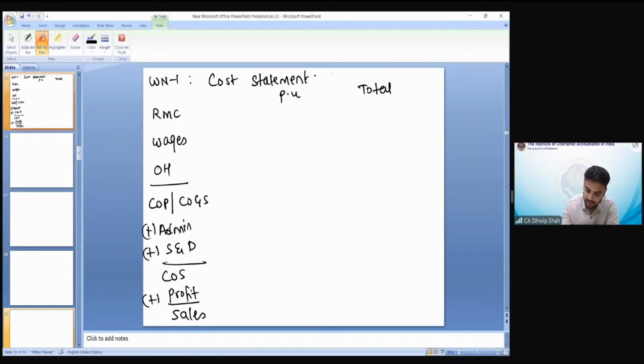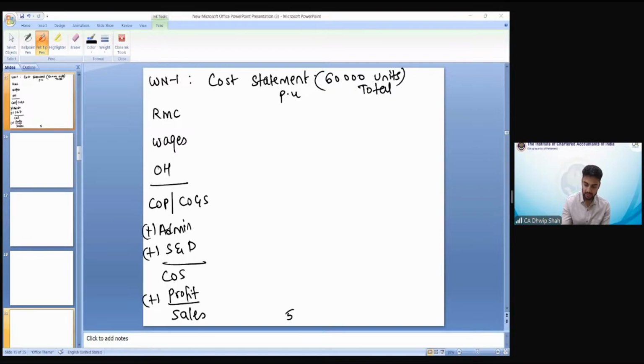Total units are 60,000 units. So sales per unit is 5. And the ratio of raw material per unit to sales is how much? 60%. Sir, where is that given? Here it is given in the third para. 60% is the ratio of raw material per unit to selling price.